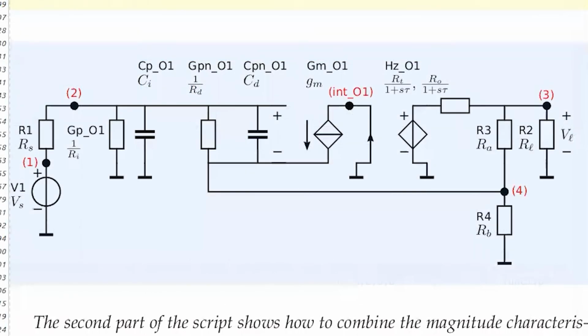So this is Ri, this resistor here. And you see there's a DC attenuator in front of the amplifier, Rs and Ri. So it is modeled as G, but the one over the resistance. So Rs and Ri is an input attenuator.